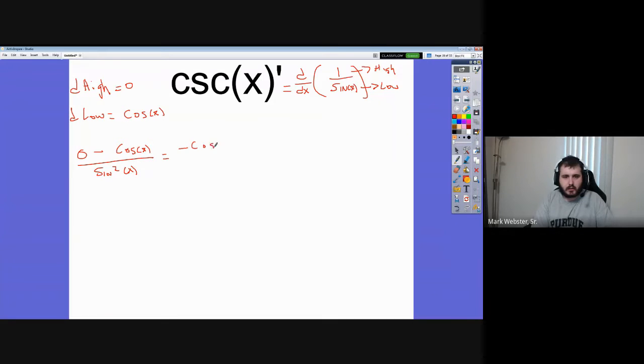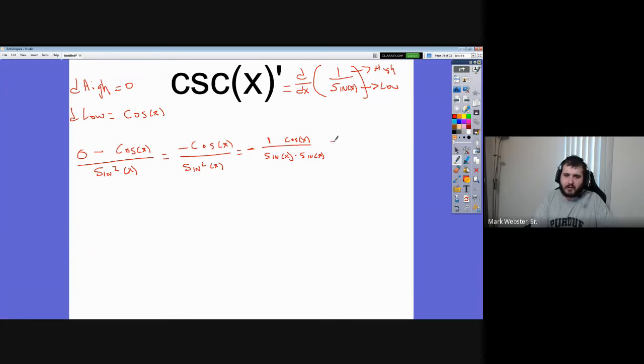Let me take the steps here, just like I did last time. They're going to rewrite it as cosecant cotangent. But how did we get there? Well, negative cosecant cotangent, because there's a negative sign here, right? And I'm just breaking up this sine squared like this so you can see it a little bit better.